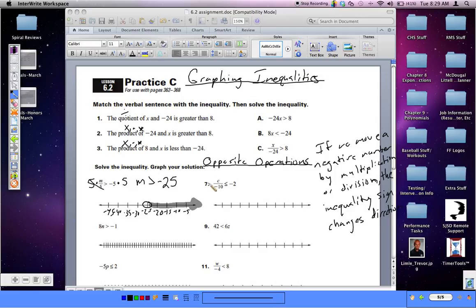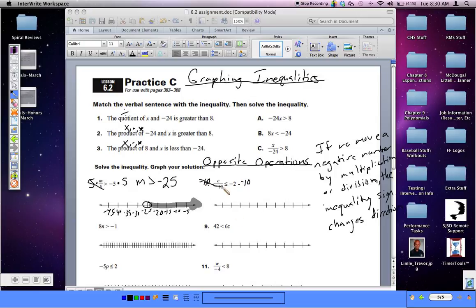Okay? So c divided by negative 10 is less than or equal to negative 2. How do I get rid of negative 10? Because it's being divided, I need to multiply. And what I do to the one side, I also will do to the other.